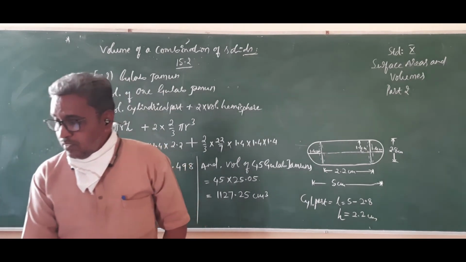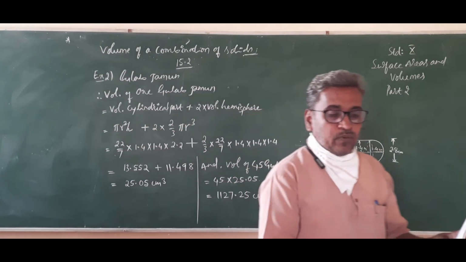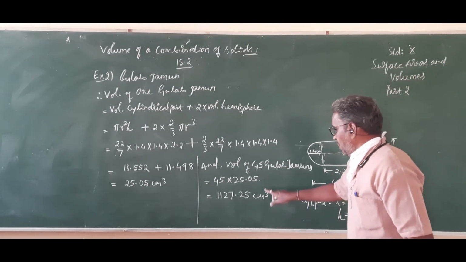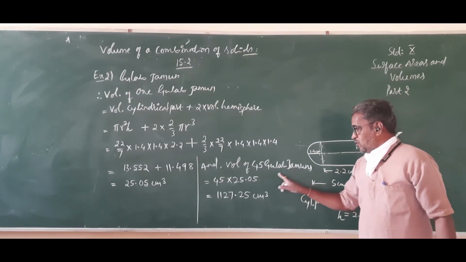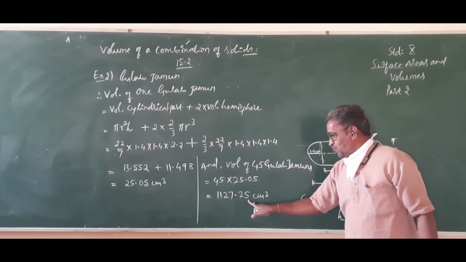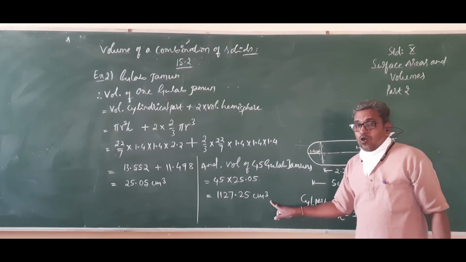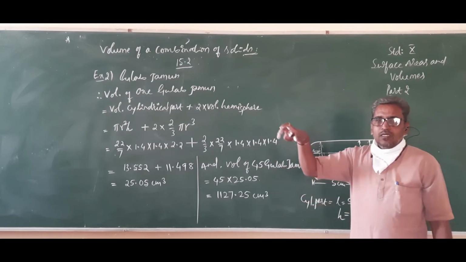What is the question here? A gulab jamun contains sugar syrup up to about 30% of its volume. Now 45 gulab jamuns are there. The total volume of those 45 gulab jamuns is 1127 centimeter cube. But among this, how much syrup does it contain? 30% of its volume is syrup.